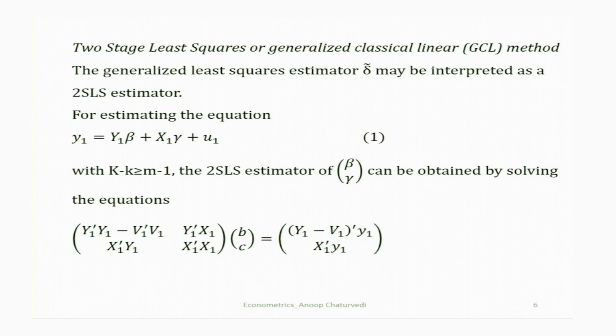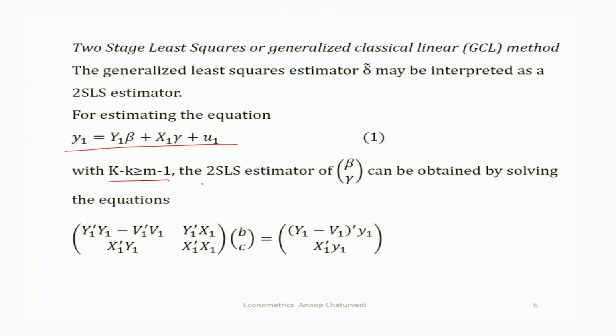Now, suppose you have to estimate this equation, small y 1 equal to capital Y 1 beta plus x 1 gamma plus u 1. And we assume that capital K minus small k is greater than or equal to m minus 1. That is, the equation is either exactly identified or it is over identified.